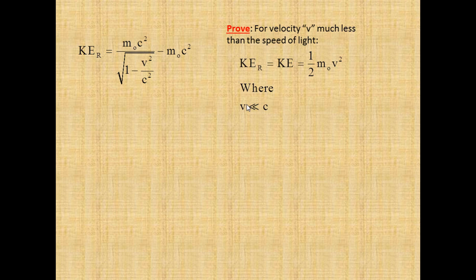And I'm saying v is much less than c. Okay. And I say v much less than c, even if you're flying in an airplane. Okay. Even if you're in space traveling at 26 miles per second is much less than the speed of light.